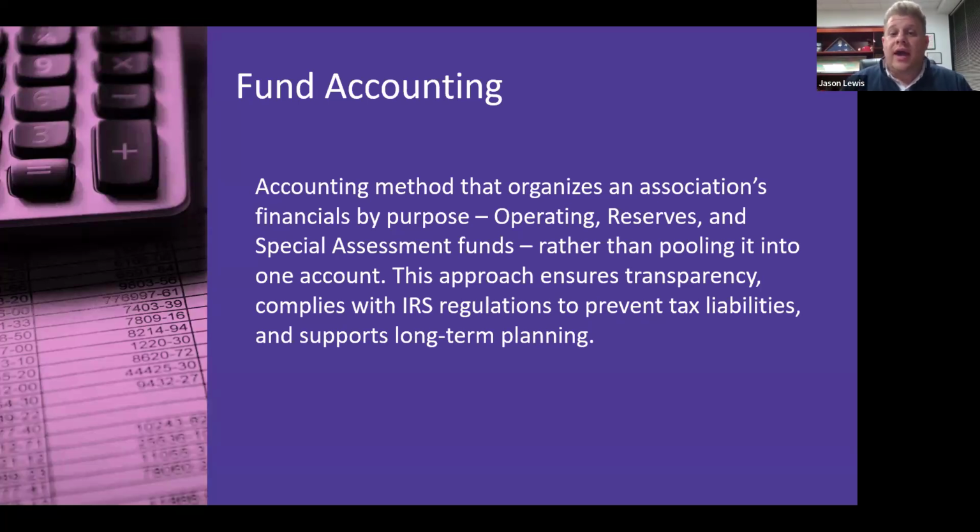The reason is that here at Majerle Management, we utilize fund accounting, which is an accounting method that organizes an association's financials by purpose, separating out reserves, special assessments, and operating.